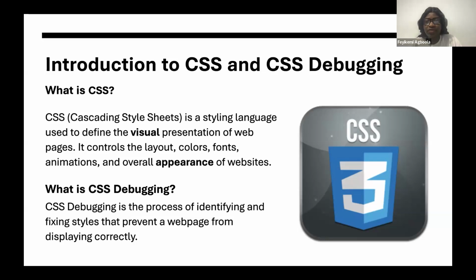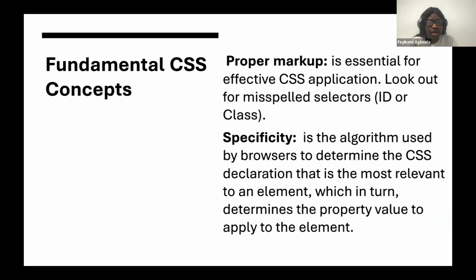So CSS helps developers apply styling to HTML elements. Then CSS debugging is the process of identifying and fixing styles that prevent a web page from displaying correctly.